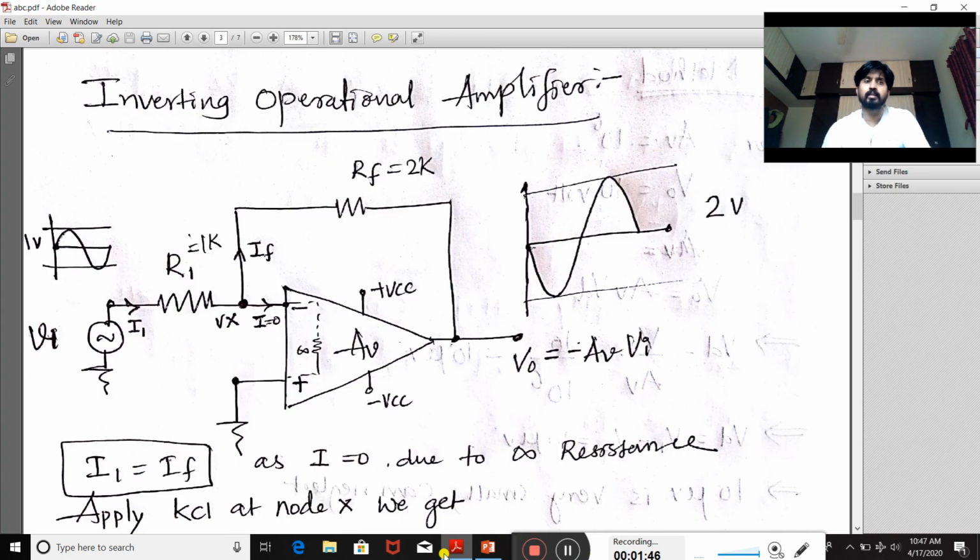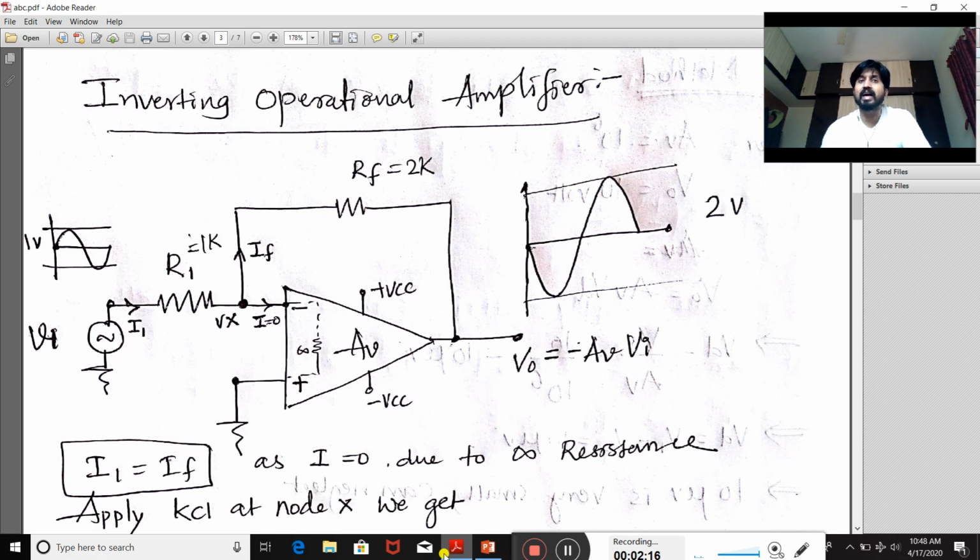Here, this inverting operational amplifier concept is very easy and simple. Let's try to understand this concept. Now, we are using this op amp as an amplifier only, because in last classes we have seen op amp in open loop gain configuration.